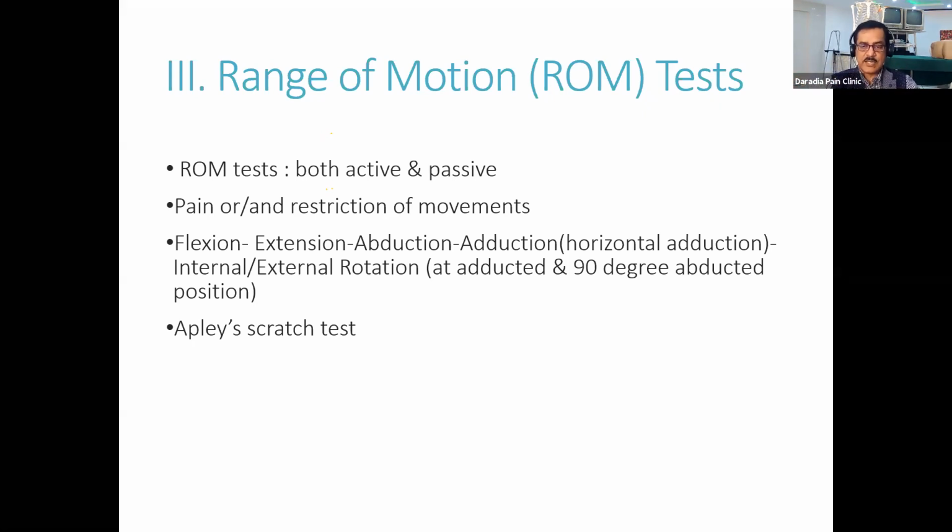So flexion extension in the adducted position and flexion extension in the horizontal abducted position. Then your internal rotation, external rotation, and internal rotation, external rotation in the 90 degree abducted position, or adducted. I'll be showing all these on the volunteer.